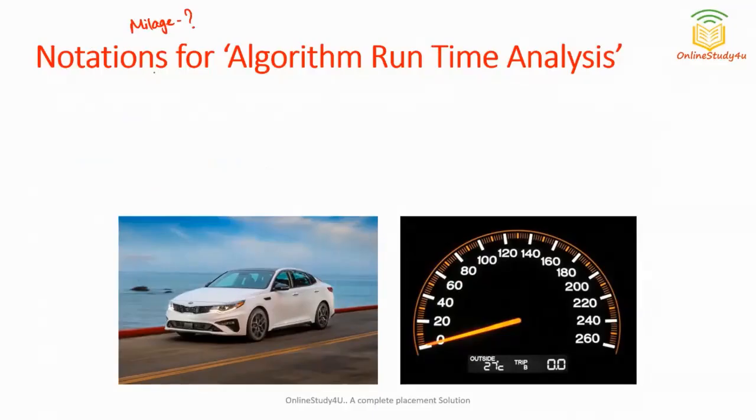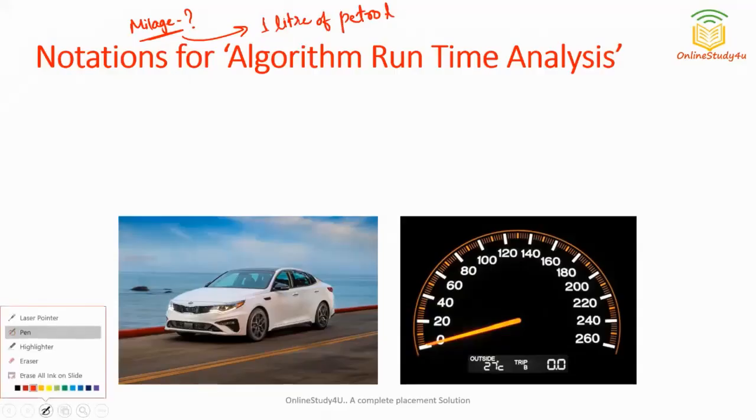Now the person tells you, let me tell you what mileage is. Mileage is nothing but how much distance the car can cover in 1 liter of petrol. Now you are expecting one answer, but the person showing you the cars gives you three answers.